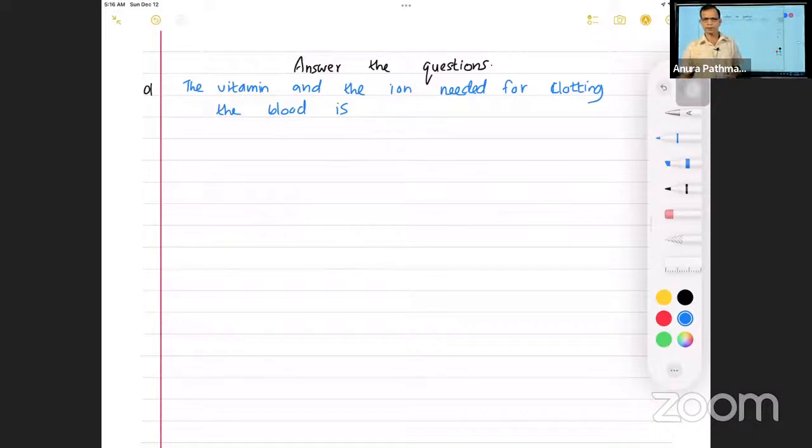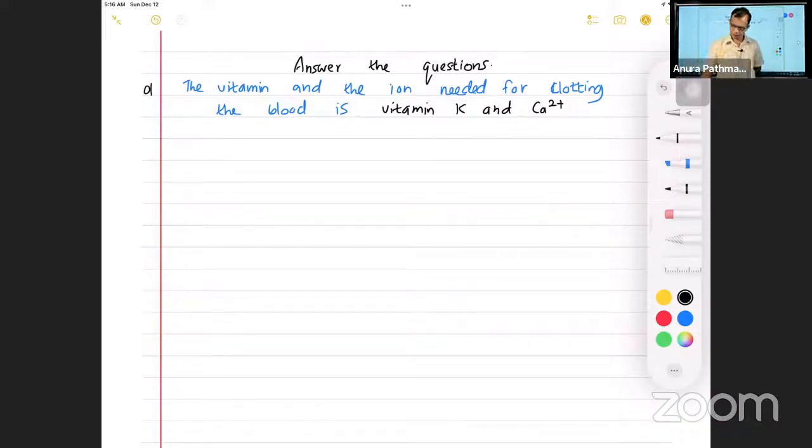At least put it in the chat. Vitamin K and Ca2+ ion. Vitamin K and calcium ion.